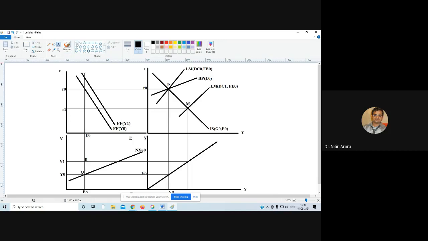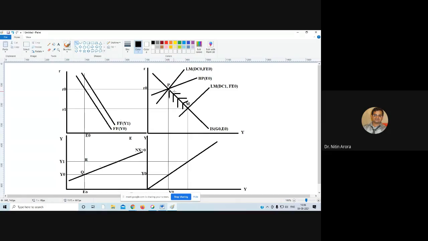Since BP is not in equilibrium here and there will be huge disturbance in the economy, what will happen in that case? The deficit will be financed by spending your foreign exchange assets. Okay, so it will adversely affect the stock of foreign exchange assets, right?